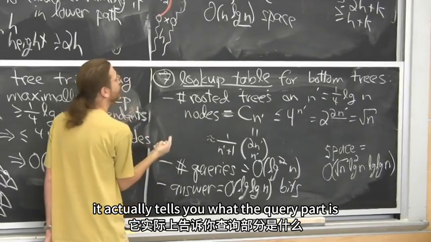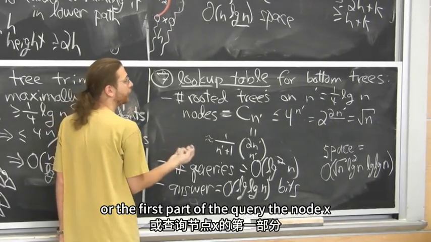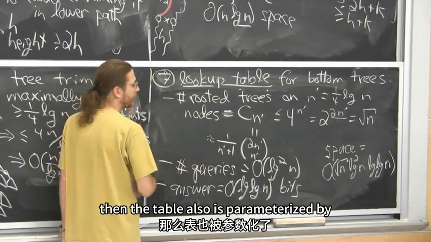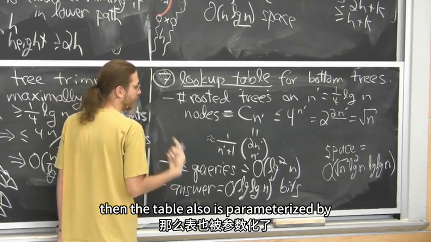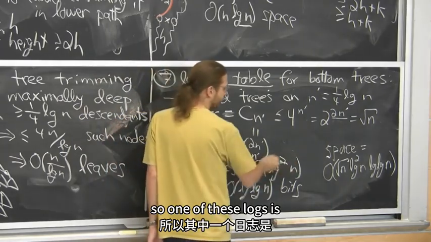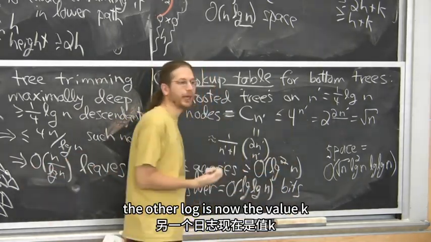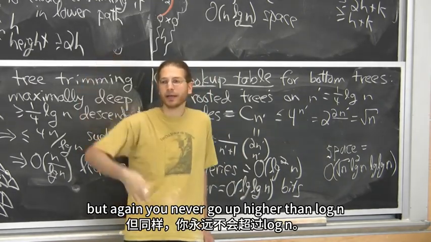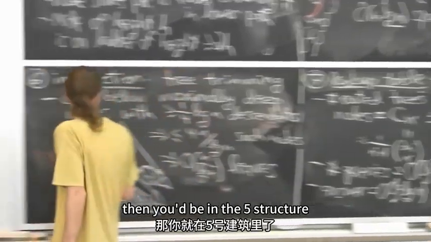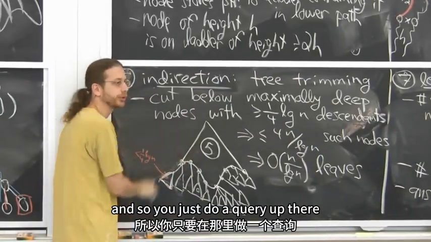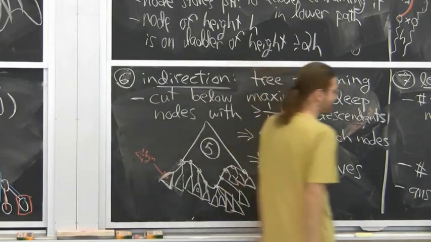It actually tells you what the query part is, or the first part of the query, the node x. Then the table also is parameterized by k. So one of these logs is which node you're querying. The other log is now the value k, but again, you never go up higher than log n. If you went up higher than log n, then you'd be in the top structure, and so you just do a query up there. You don't need a query in the bottom.